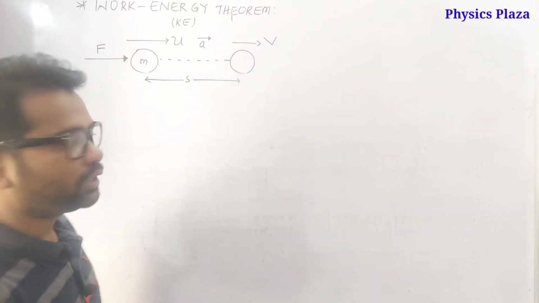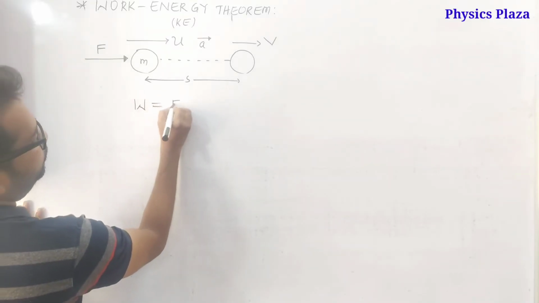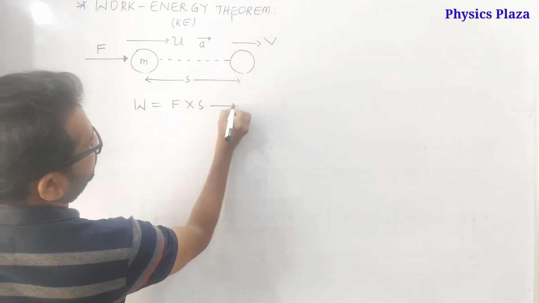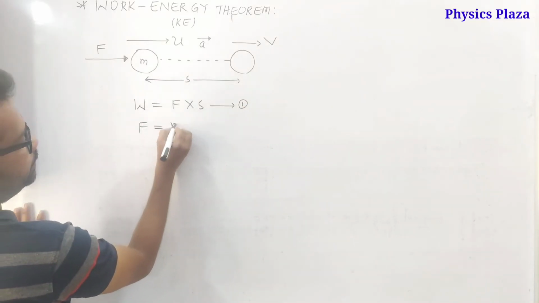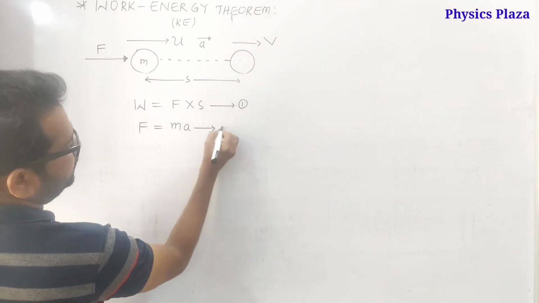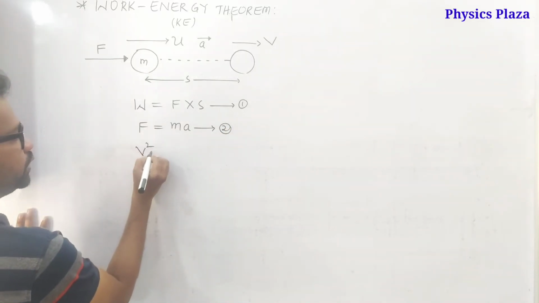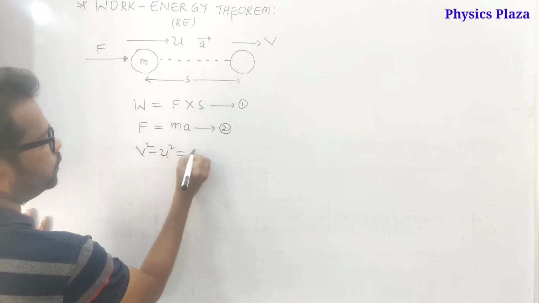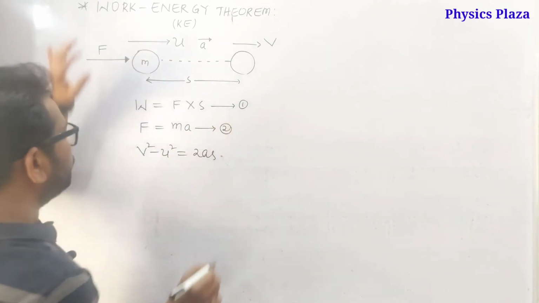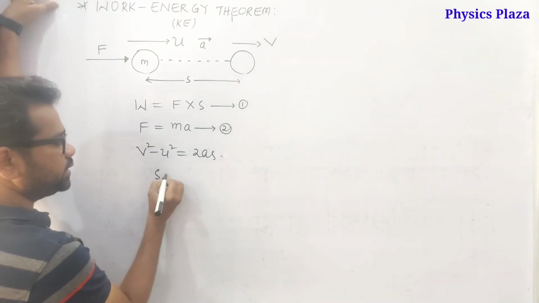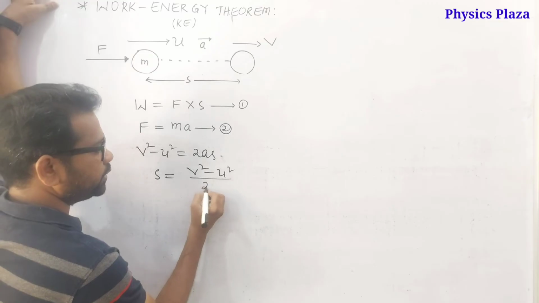Let us calculate that work done here. Work done is equal to F into s. Let it be equation 1. But children, can we write F is equal to ma? Yes, obviously we can write F equals ma. And from the equations of motion, we know that v square minus u square is equal to 2as. Let it be equation 2. From this, let us write s is equal to (v square minus u square) by 2a.